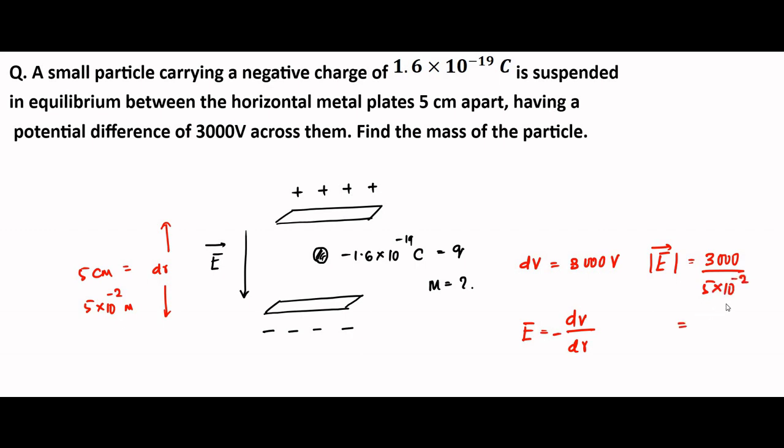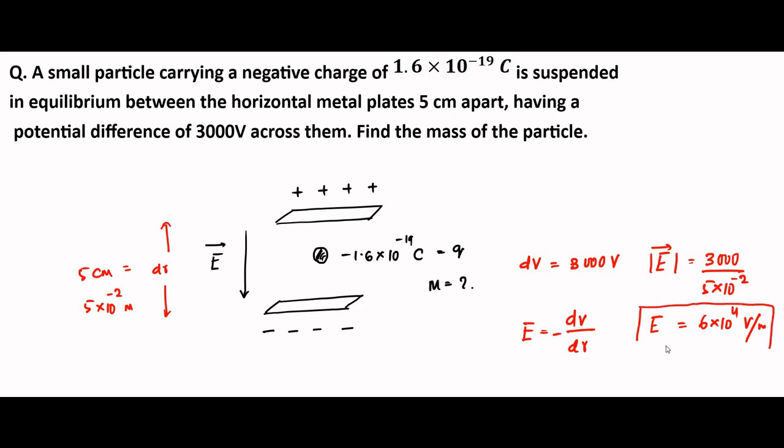So it is coming 6 into 10 to the power 4 volt per meter. Now this is the electric field magnitude.